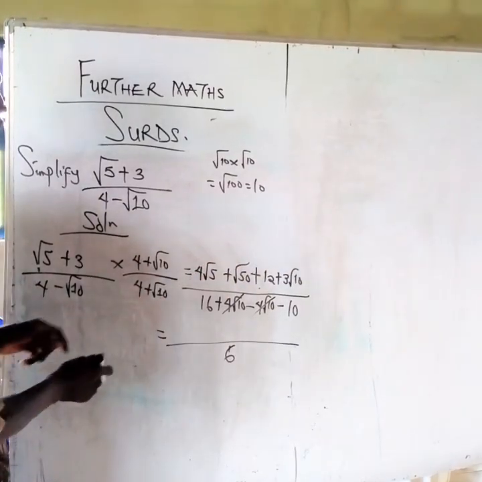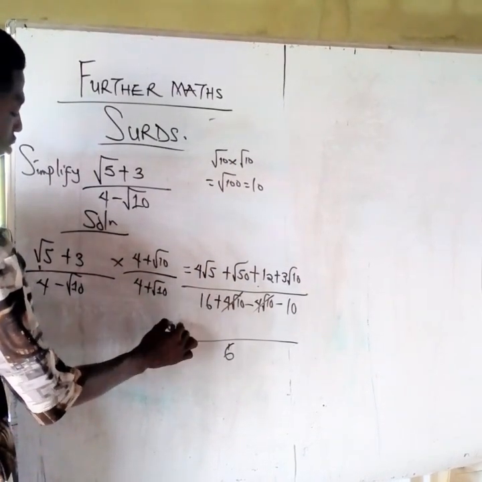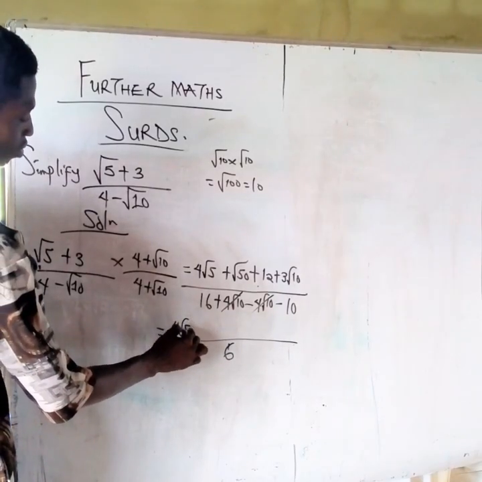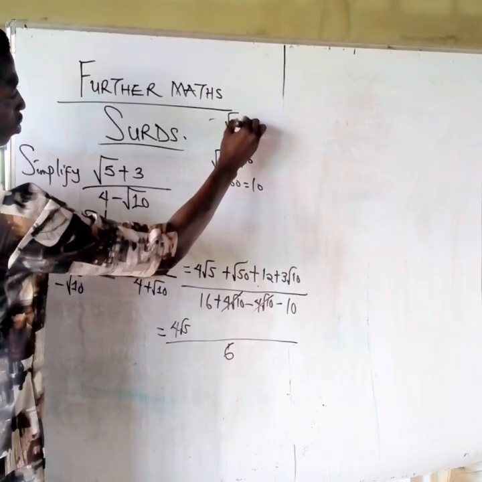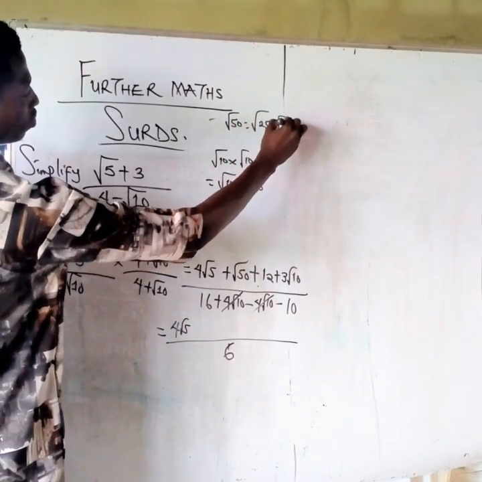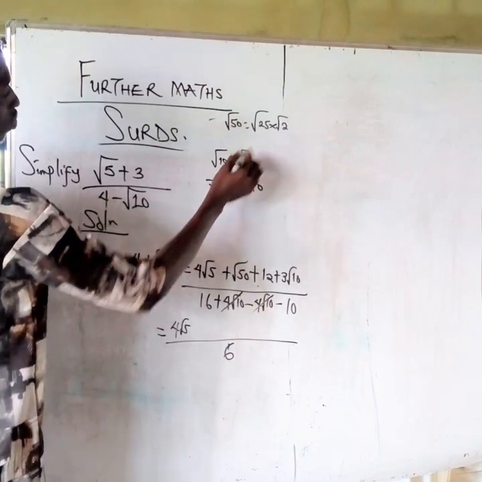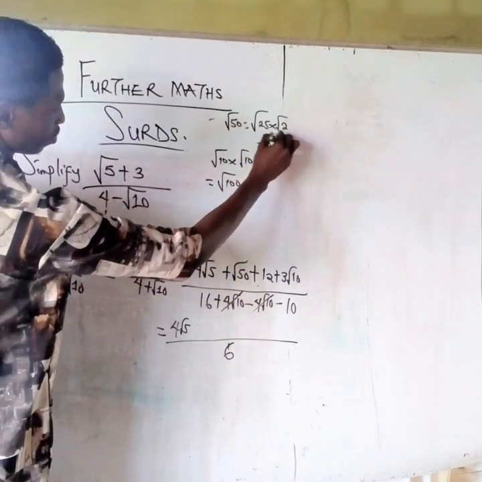So we're going to work with the numerators. So you have 4 root 5. Now root 50 is equal to 25 times root 2. Square root of 25 is 5. So that becomes 5 root 2.